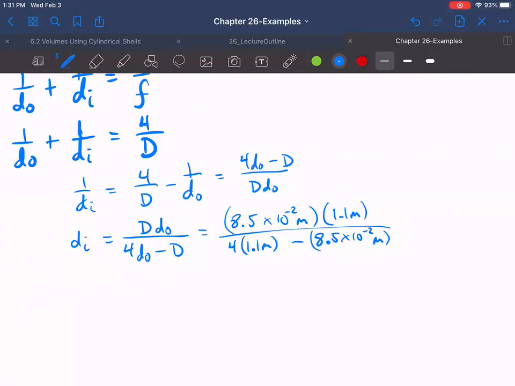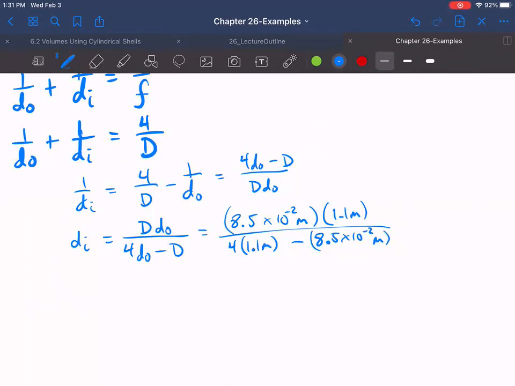So 8.5, so we should get a little less than 4. I got 0.022.